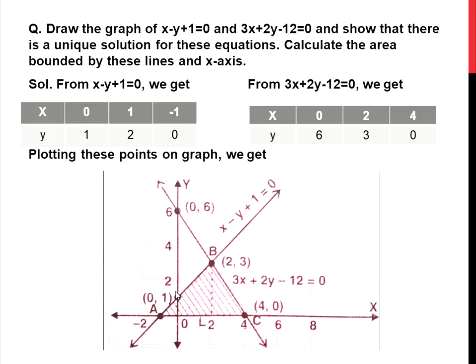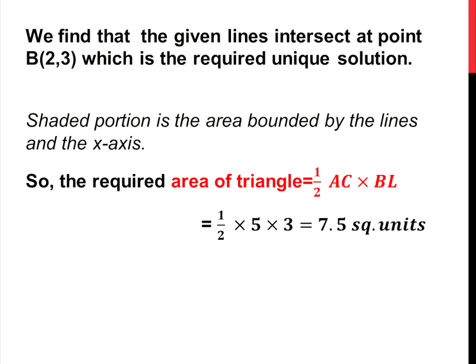These two lines are intersecting at point B, and area bounded by these lines and x-axis is shaded here, which is a triangle. We find that given lines intersect at point B and coordinates of B are 2 and 3, which is the required unique solution. Shaded portion is the area bounded by the lines and the x-axis, which is a triangle.